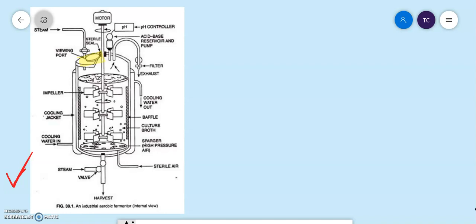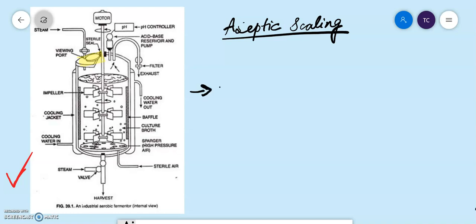With this respect, I will discuss the aseptic sealing of your biofermenter. One of the major comparative quality characteristics of different bioreactors is their ability to secure sterile fermentation.